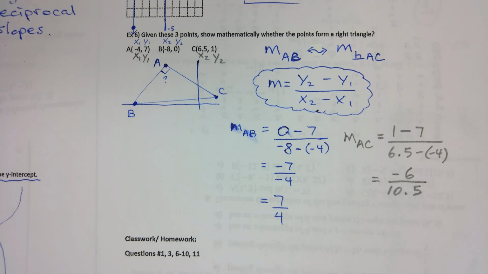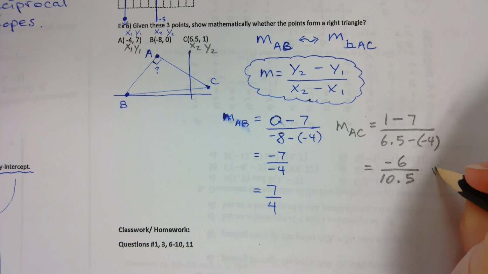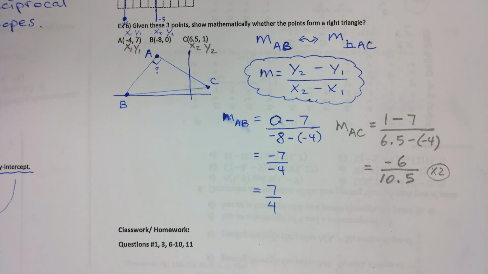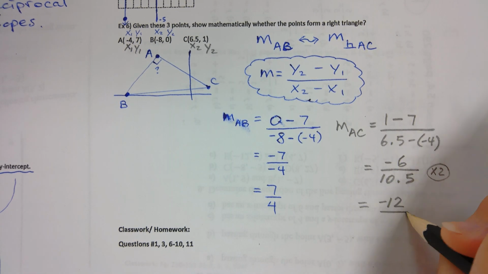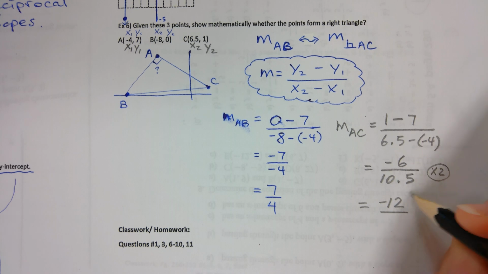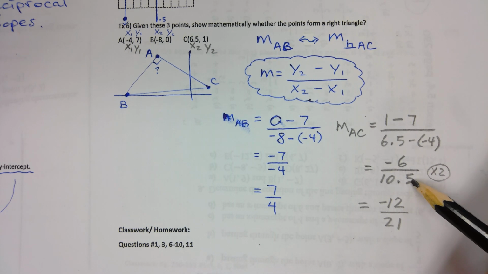So if I were to do it in steps first, yeah, I can multiply the top and bottom by 2. And when I do that, I get integers. Sorry, not whole numbers. I get integers. I get negative 12 over 21. Okay, I got rid of my decimal.